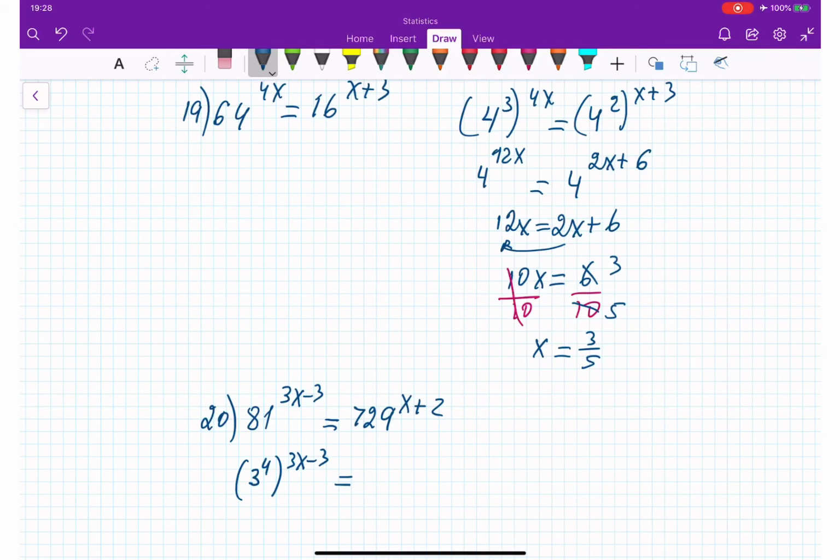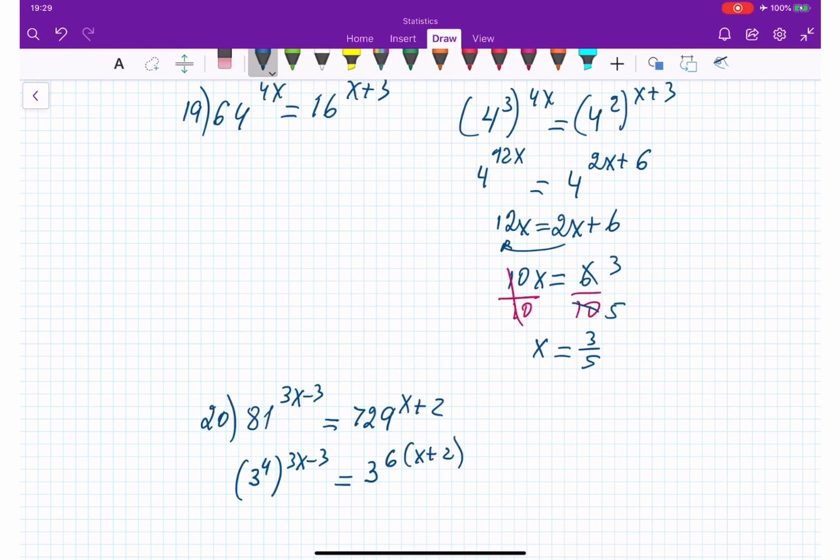Let me use a calculator. So 3 to power, let's say 6. How much will it be? 729. Perfect. 6. Okay, so it's going to be 3 to power 6.